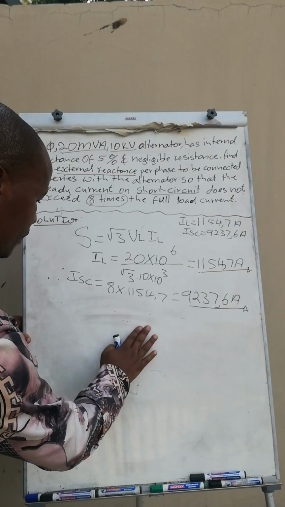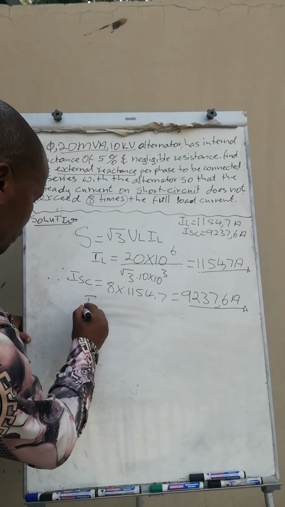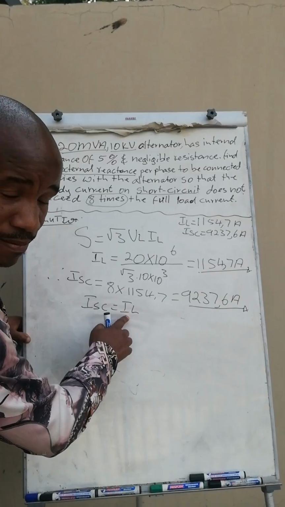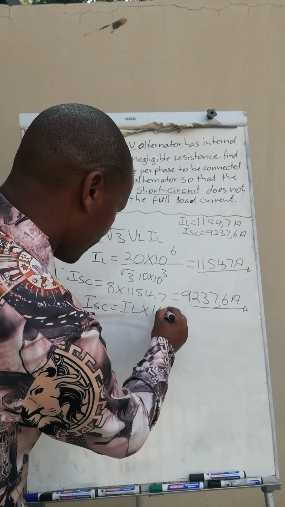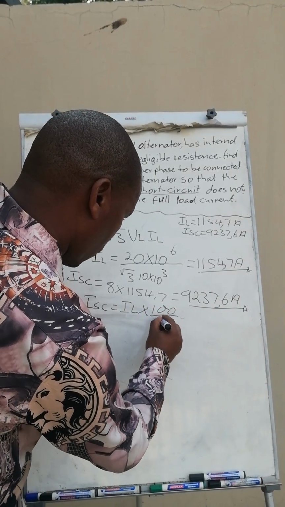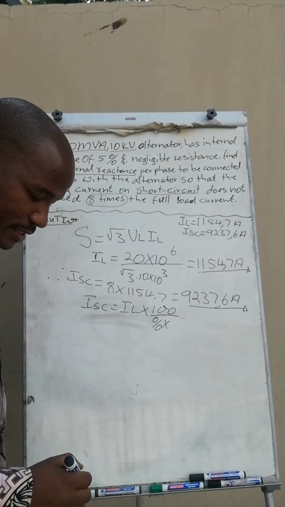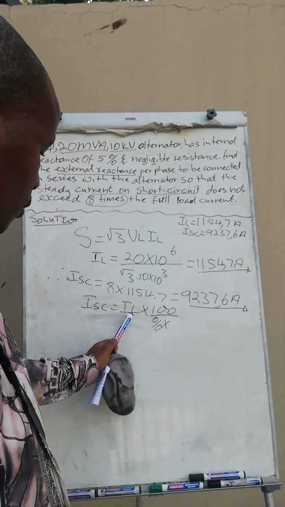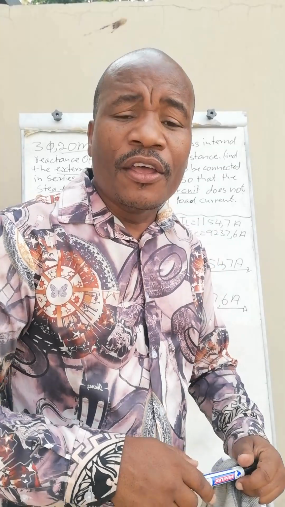Another formula: we have calculated the short circuit current as the load current multiplied by 100 over the percentage reactance. This is the basic formula. But when do you use it?